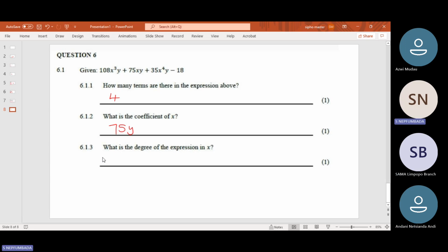Then what is the degree of the expression in x? So how do we find the degree? They say expression in what? In x. How do we find the degree? Anyone who can try?